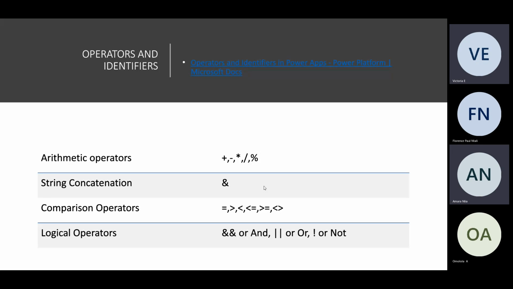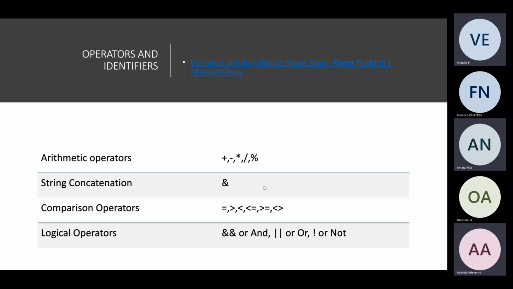I'm sure we'll be able to do this hands-on to see how it works. But this is what an arithmetic operation is. You use it to add, subtract. So just like we do in mathematics, in PowerFX, you can also perform these arithmetic operations.